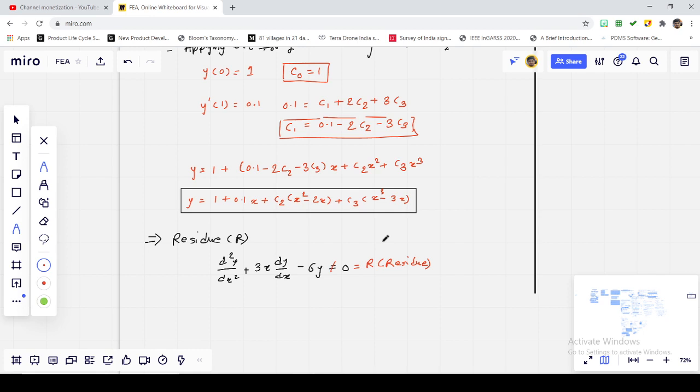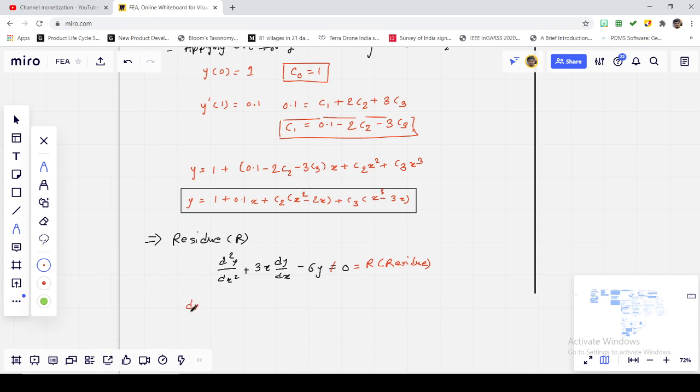Okay, so what we will do is continue solving. You already have the equation of y, so you can substitute, but you need to find dy by dx and d2y by dx square. So we will find that first.